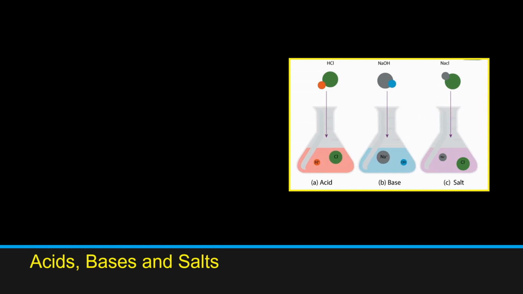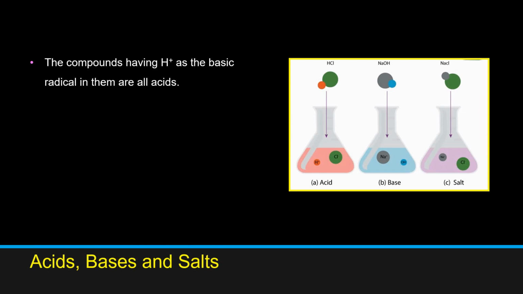About acids, bases and salts, children, rather than saying sour in taste and bitter in taste, chemically if we observe, the compounds that have H+ as the basic radical in them are all acids. Take for example hydrochloric acid.